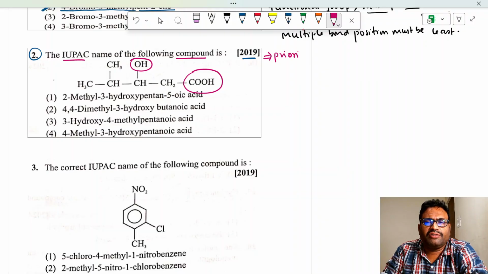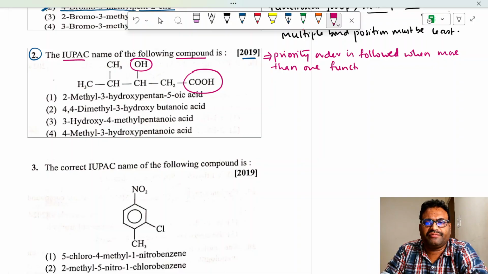Priority order or preference order is followed when more than one functional group is present.